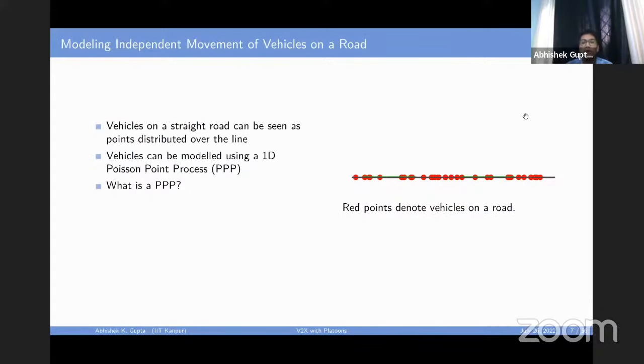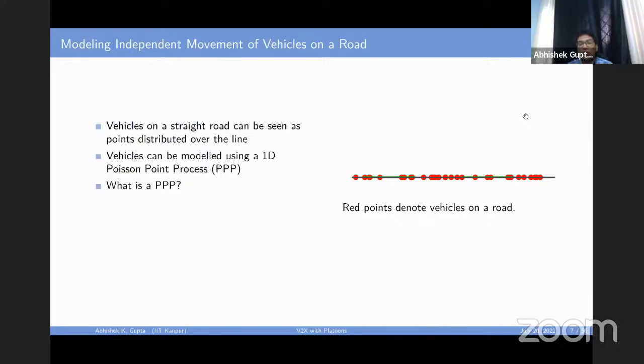Now, there is a lot of work which talks about how we can model and analyze these non-platoon movements of vehicles. If you think of a straight road with vehicles on it, and they are moving independently, they will be independently distributed along this road.